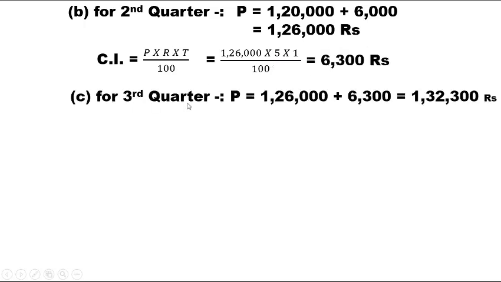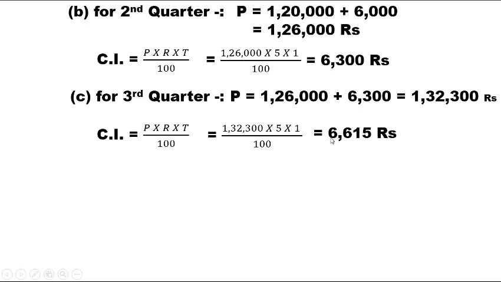For the third quarter, P is equal to 1,26,000 plus 6,300 is equal to 1,32,300 rupees. CI is equal to 1,32,300 into 5 into 1 divided by 100 is equal to 6,615 rupees.